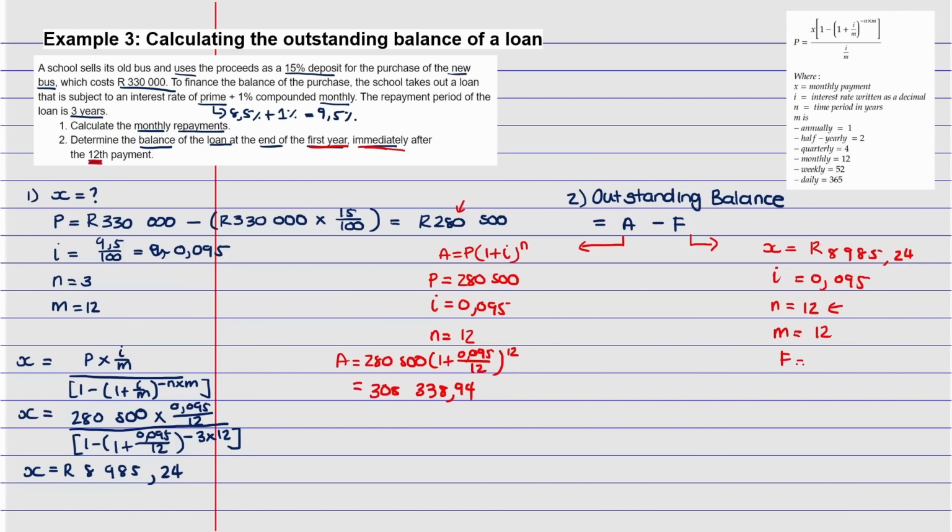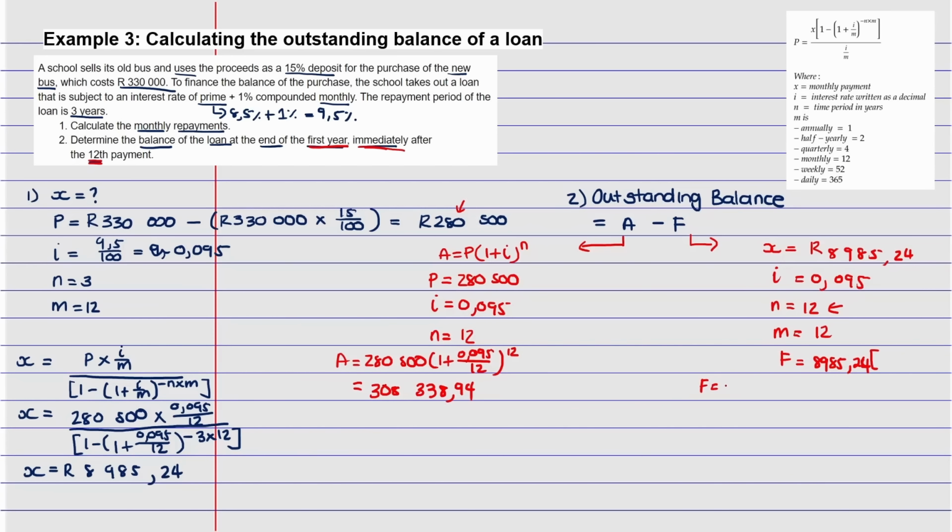So the F is going to be equal to 8,985.24. It's not going to fit, so let me drag it here.